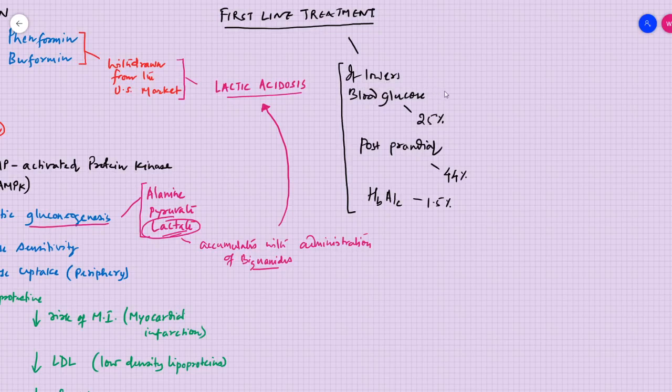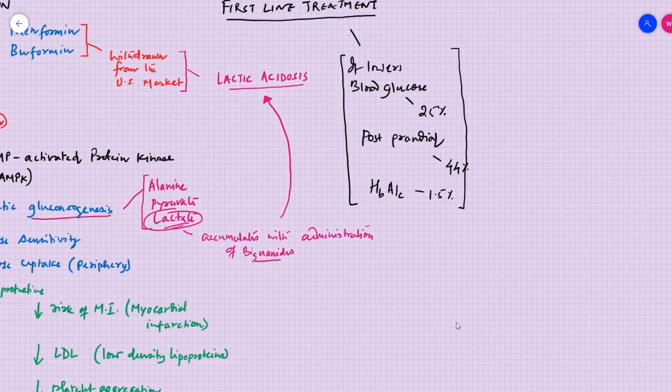This is the response that we can expect. Based on this, we can titrate the dose and monitor the patient for adequate control of blood sugar. This gives us an idea about the targets we can achieve after administering metformin.